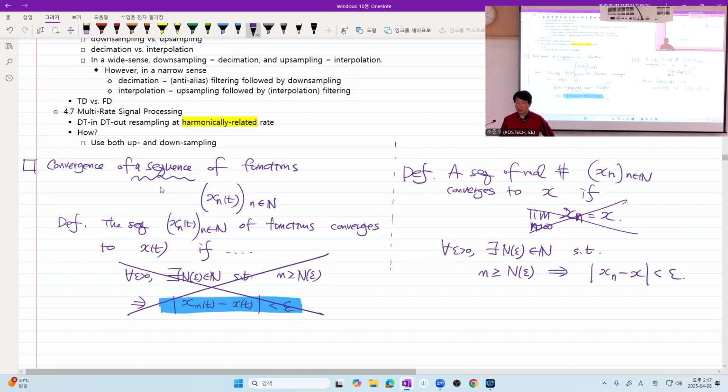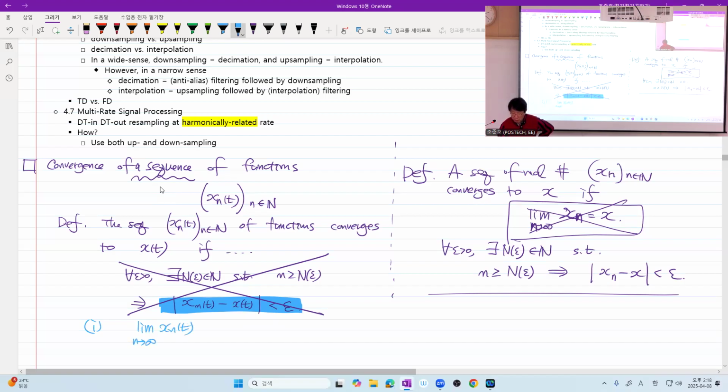Okay, I'm not going to repeat this one, but let me use this notation. So they decided to have the first definition: the limit of x_n(t) equals x(t), and these are functions, and functions are equal if the values are equal for every possible t.